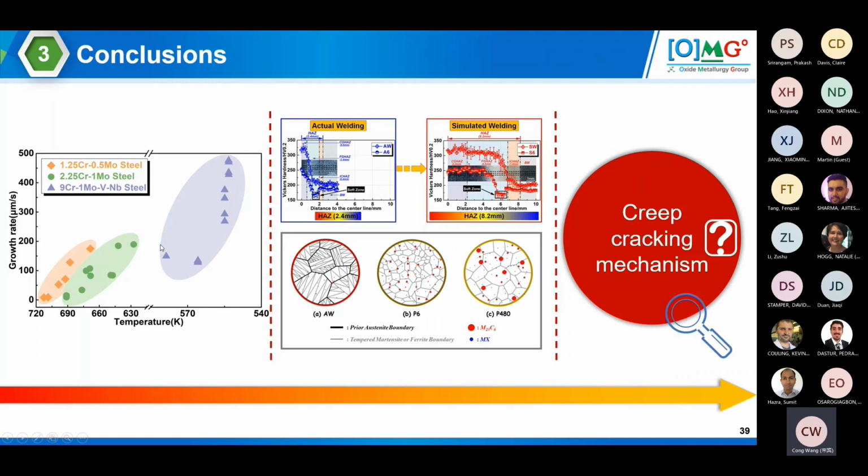So let me give you a quick summary of what I've been talking about over the past one hour. We have elaborated on three very typical heat resistant steels, P11, P22, P91. And we were able to capture their featured phases, which are bainite and martensite, respectively: bainite for P11 and P22, and martensite for P91.